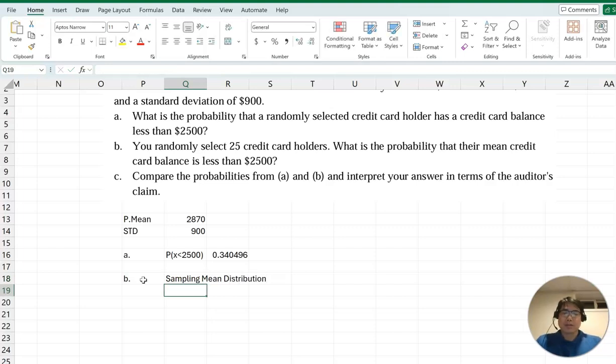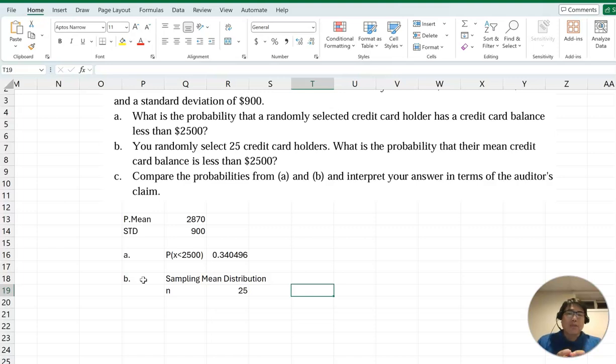I'm going to write n equal to 25. Compared to a regular normal distribution, in the sampling mean distribution the standard deviation gets smaller, because we keep talking about the mean value and all the data gets tighter toward the center, so the gap is narrower and narrower.